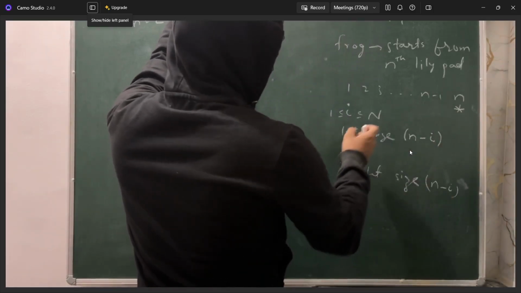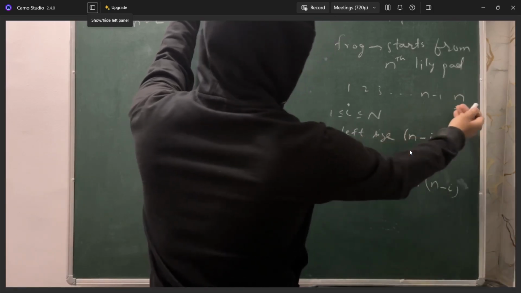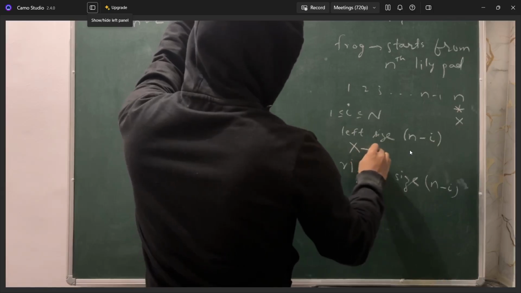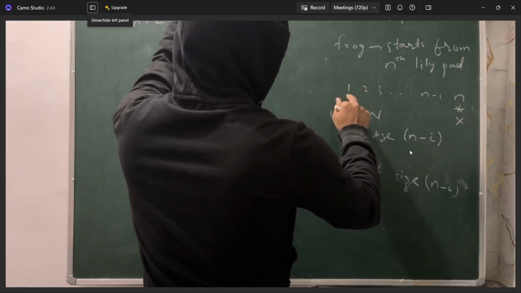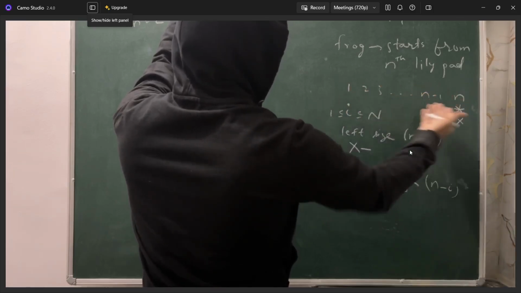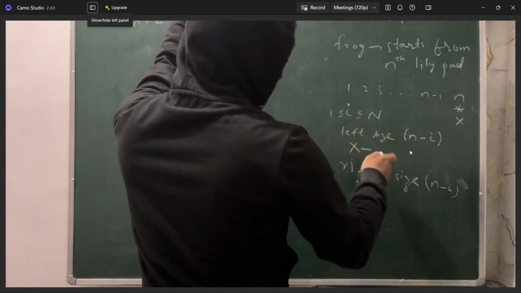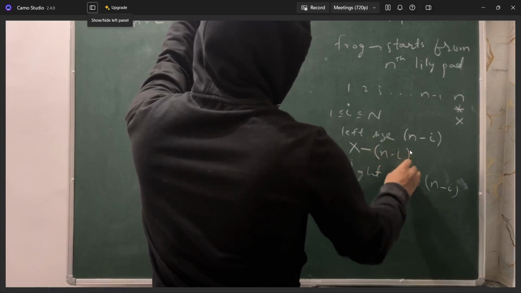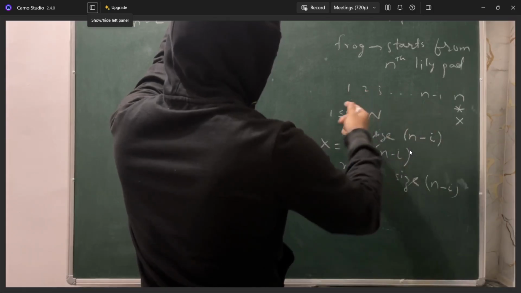If you consider this position as x, since he's moving backward, his position decreases, because the pads are in increasing order 1, 2, 3 up to n. So from the current position you subtract n minus i. This will be the position of the frog when he moves to the left side.